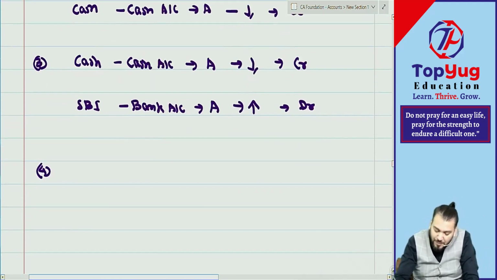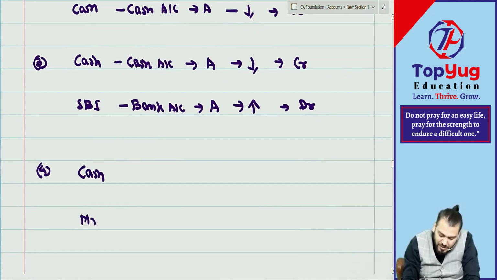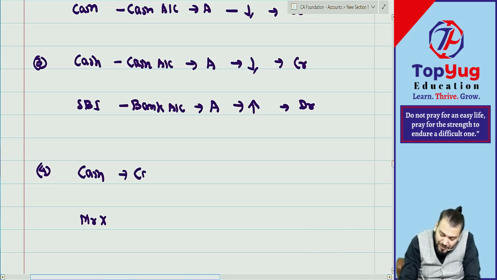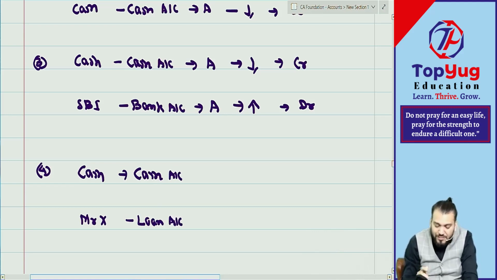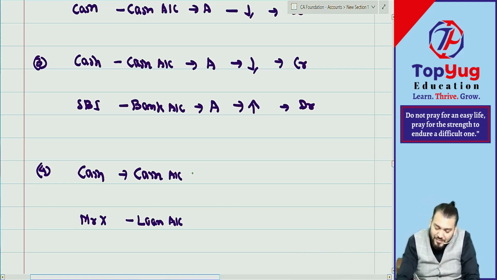What are the two aspects? Cash and Mr. X. I am writing loan given to Mr. X. So we'll open a cash account, and you can open a loan account. Be careful about this, before saying. Sometimes with the flow we just give the wrong answer. Cash is what? Asset, no doubt.